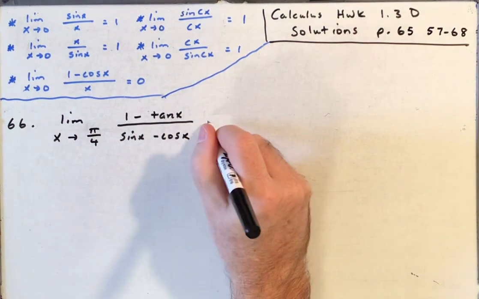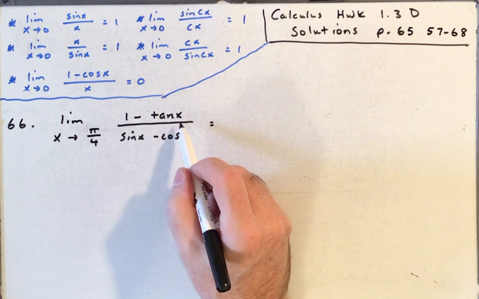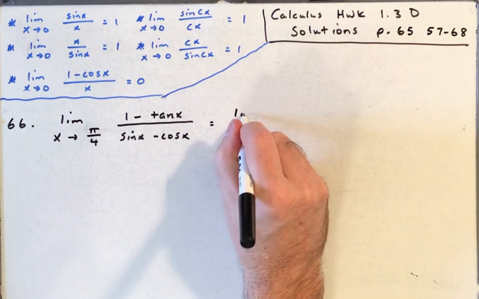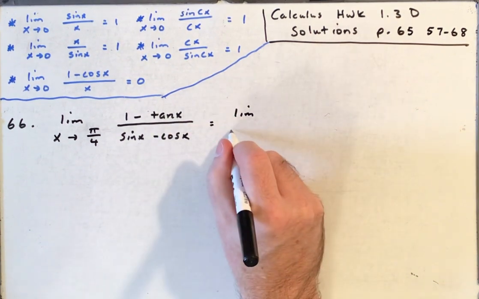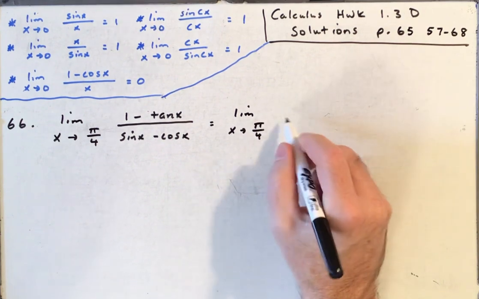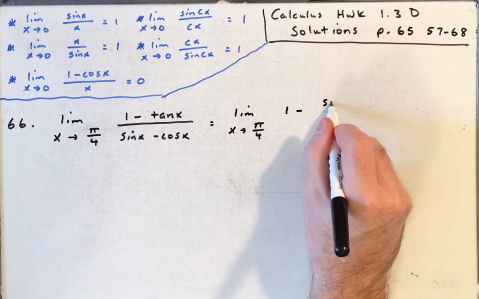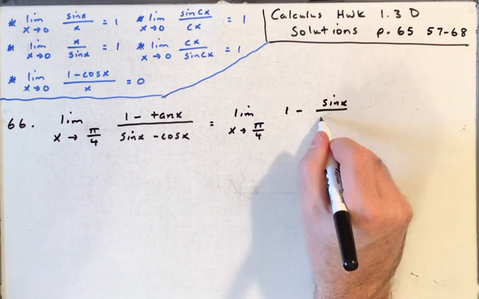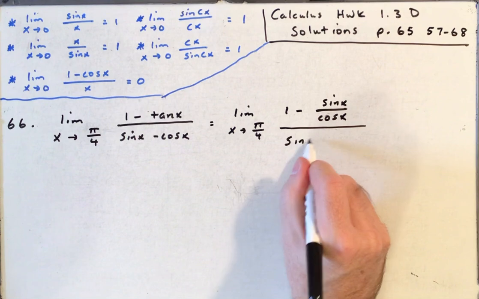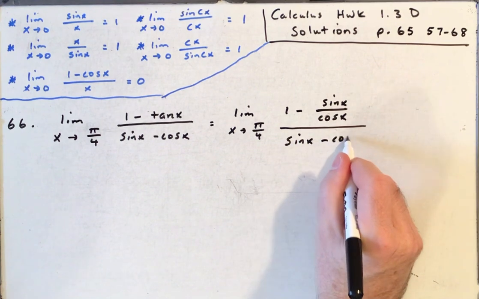You plug in pi over 4, you're going to end up getting 0 over 0. So let's first change that tangent to sine over cosine. So 1 minus sine over cosine over sine x minus cosine x.